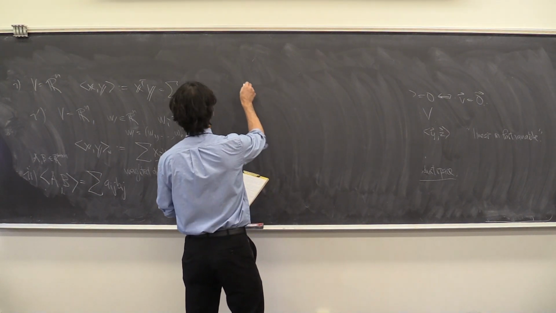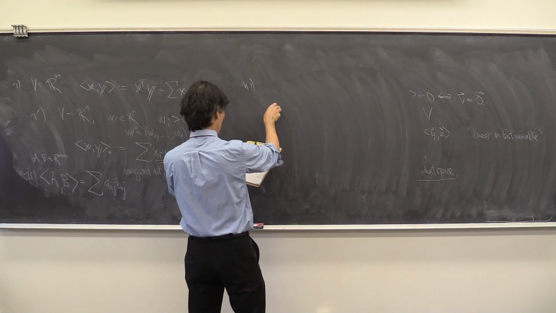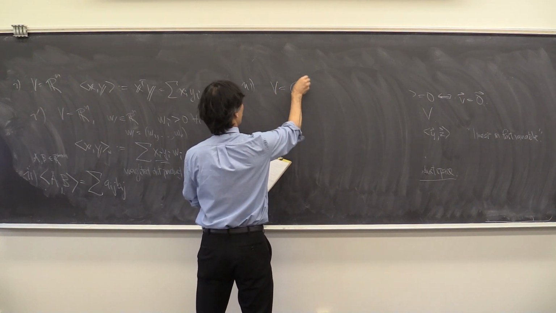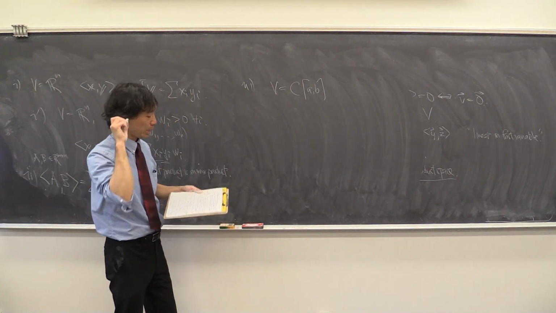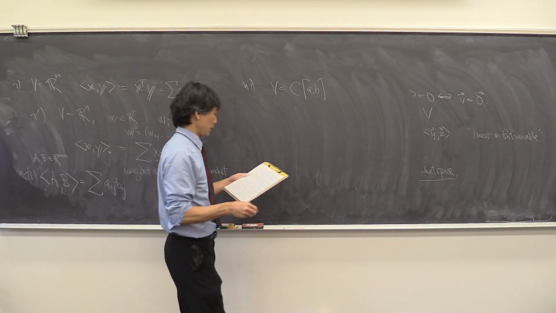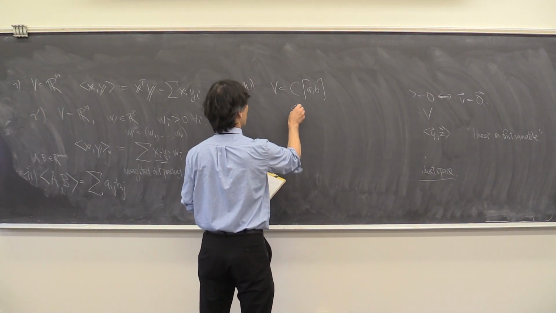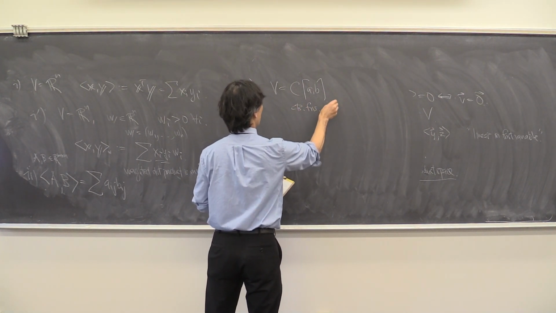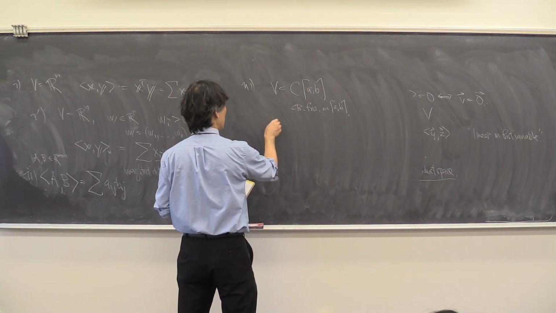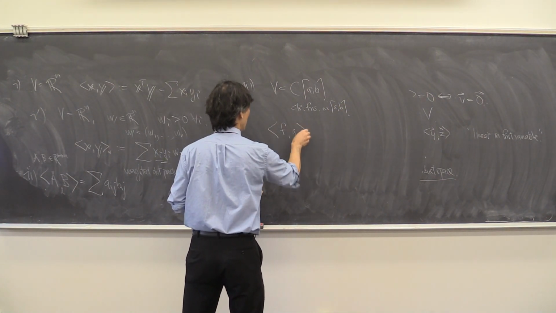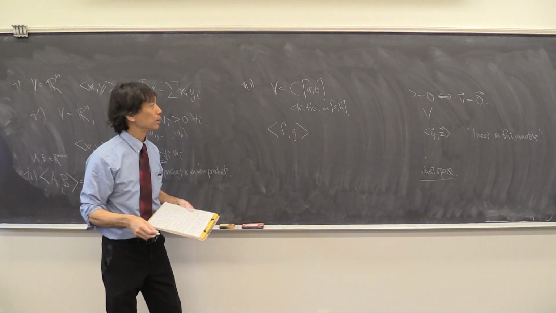Now, for something a bit more abstract, suppose you have the continuous functions on a closed interval AB. Then you can define a dot product on functions.